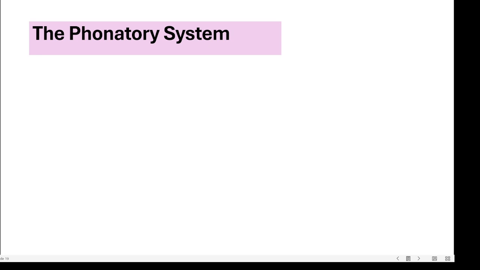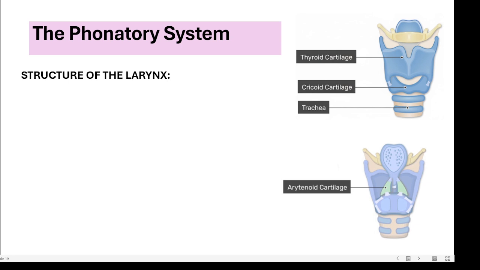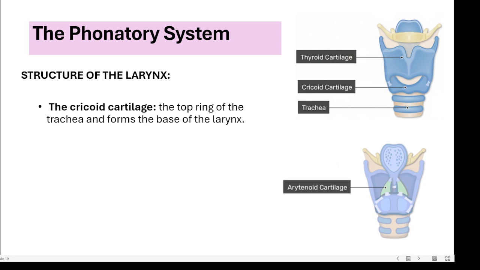So far, we have described one constituent of the phonatory system, the vocal folds. Now, let's see the structure of the larynx, which is the organ that contains the vocal folds, and it's located above the trachea. The larynx is made up of a series of cartilages that you can see in the image.